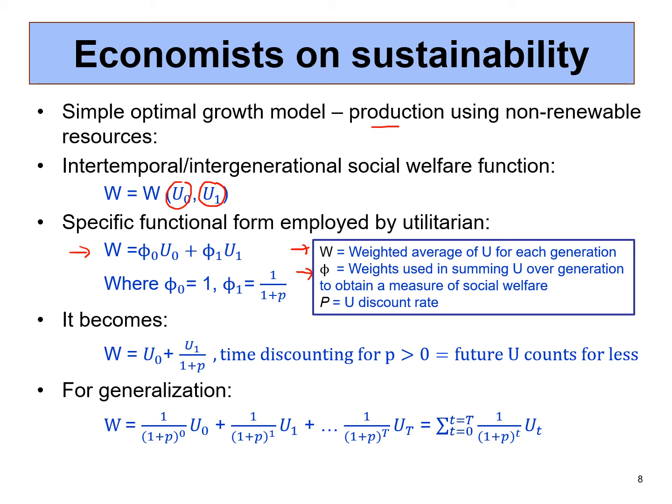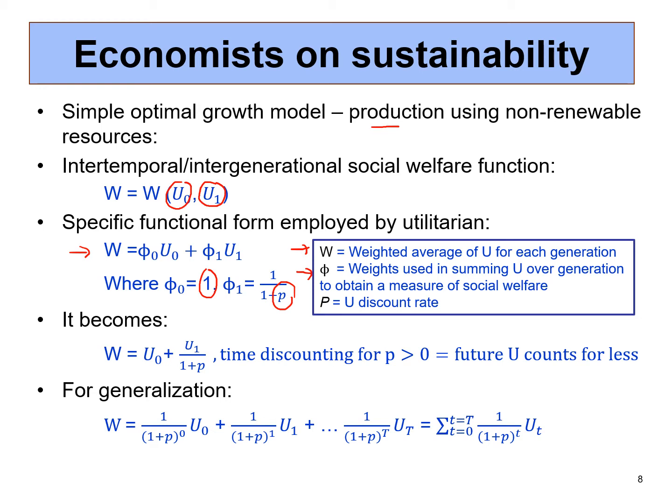Pi is also known as the utility discount factor, where our current pi equals 1 and the future pi is discounted, equal to 1 over 1 plus rho. So what is this rho? Rho, for your information, is just a discount rate. Since we are working with utility, this rho is the utility discount rate.